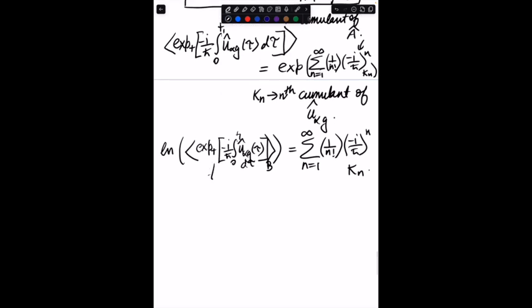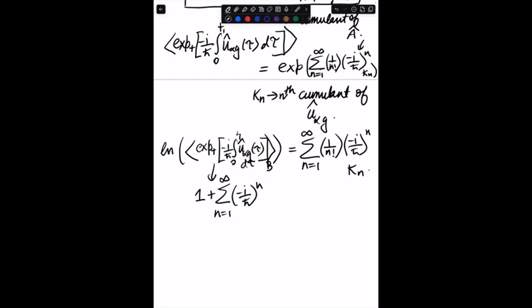can be written as 1 plus the sum from n equal to 1 to infinity, as we had previously discussed, of minus i upon h bar to the power n. Previously, I'd put this as 0 and absorbed the 1 into the summation, but now I have taken that out.